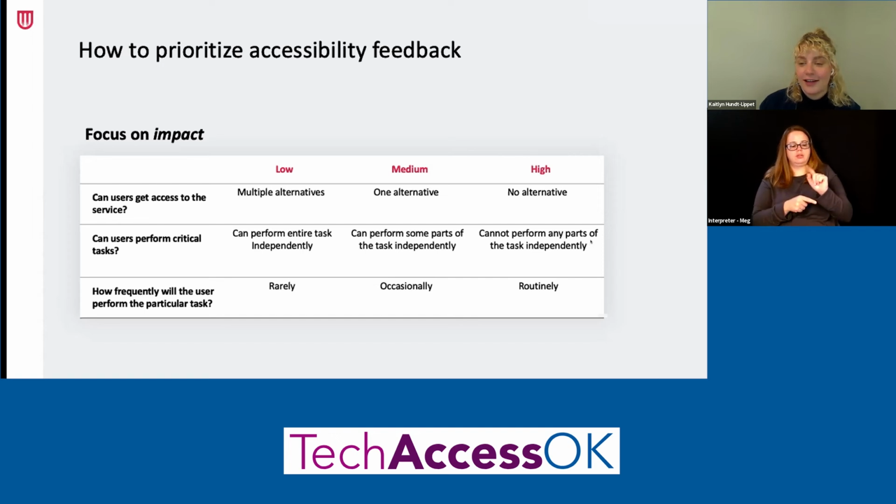They're very different levels of impact, even though they're not working as expected. And then the last one is how frequently will the user perform the particular task? Low is rarely, medium is occasionally, and high is routinely. Going back to the email, if you're in Outlook and you're sending emails, you're going to be doing that fairly often, so it's quite important versus setting your out of office notifications.